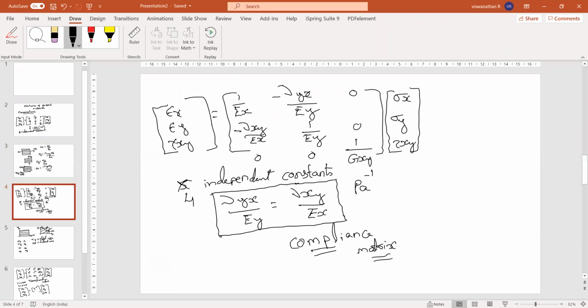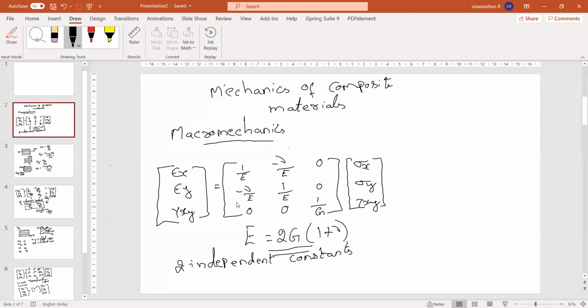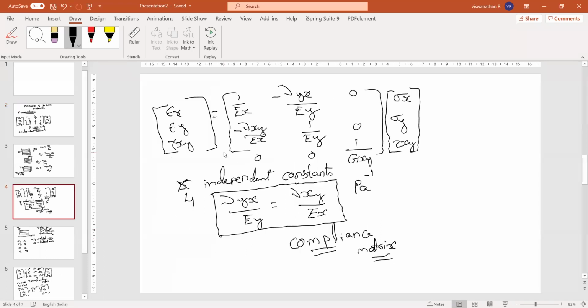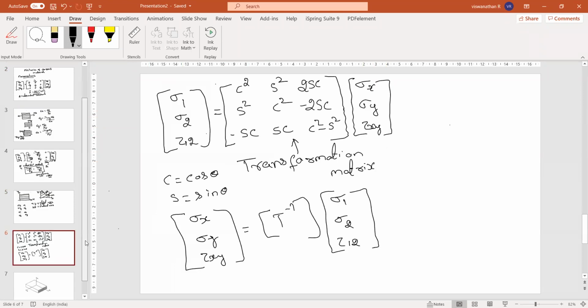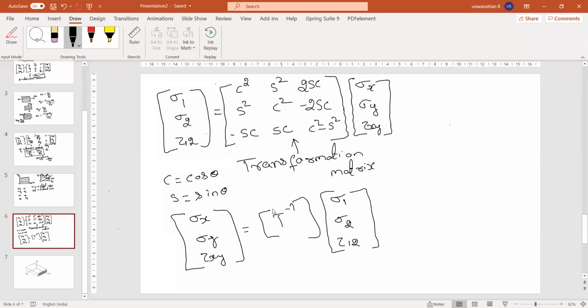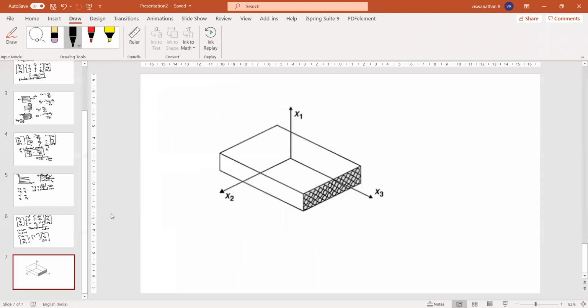We discussed the strain-stress relations, and the same thing for a UD lamina, and then we discussed the global axis and the material axis. So you have understood what is global axis, what is material axis, and how to transform from one to the other. Okay, so now a bit on the materials side.